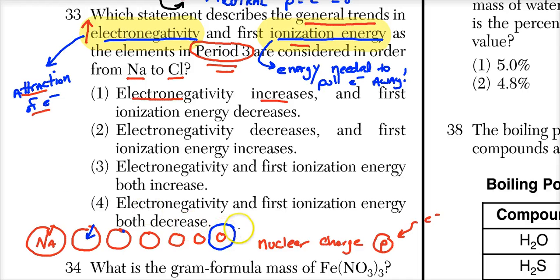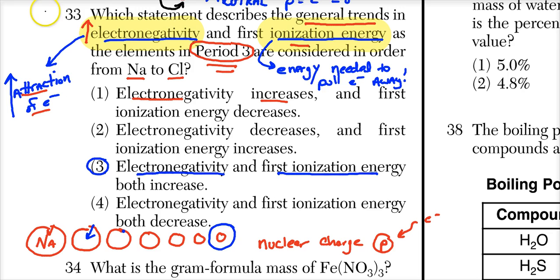The reason why atoms are smaller, again, is because the high nuclear charge, the high number of protons that these have compared to the ones off to the left, pull the electrons in, which means they attract them more. So higher the attraction of electrons, well, the more energy you need to pull them away. So electronegativity and the first ionization energy both have to increase. So if your attraction for electrons for an atom increases, then it's going to take more energy to pull them away. So that's why 3 is the answer.